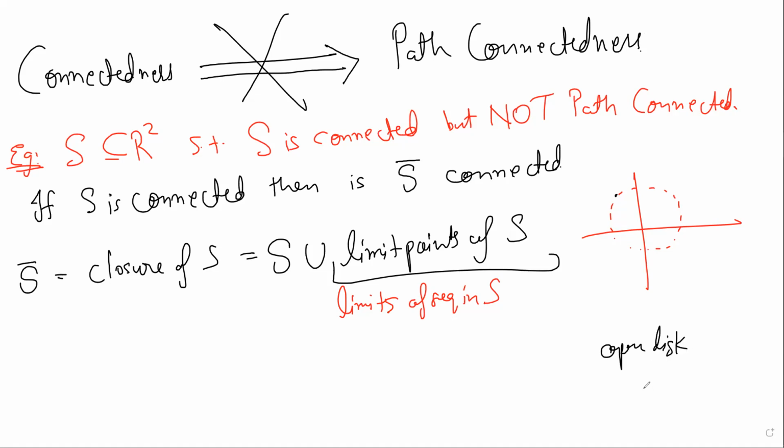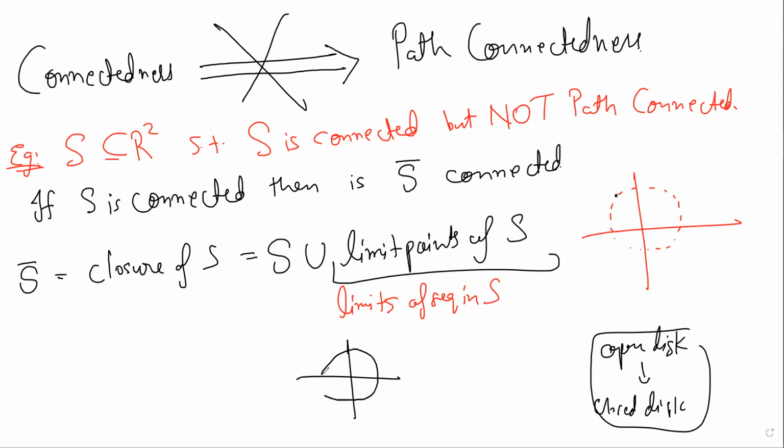If you take the open disk and you take all the limit points, then you get the closed disk. Obviously this is connected, but even if you just take the circle, it is obviously connected, right? It is the image of a function, e to the power i theta. That's obviously connected. You can go from any point to the other on the circle only.